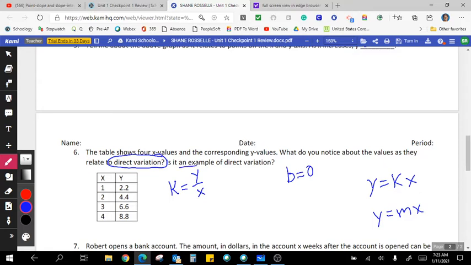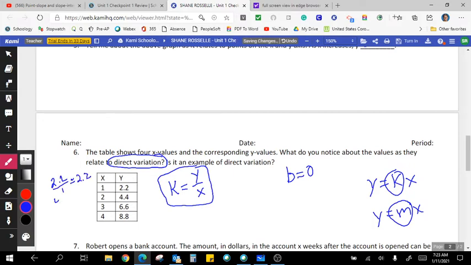But special case here, k, which is basically your m here, every time we take y and we divide it by x, we're going to get the same thing, okay? So what I'm going to do is just map that out. 2.2 divided by 1, well, what does that equal? 2.2, okay?